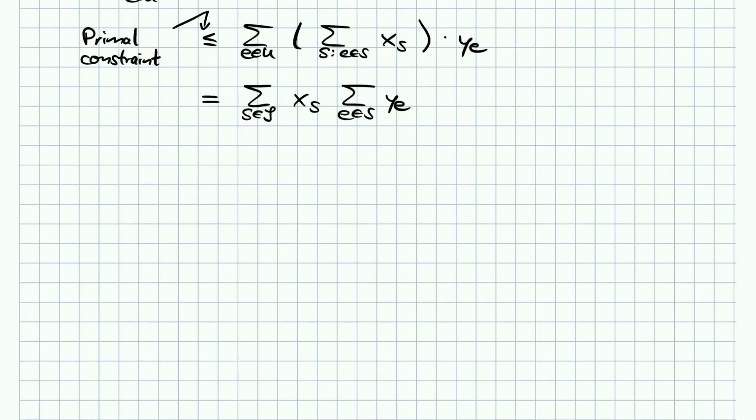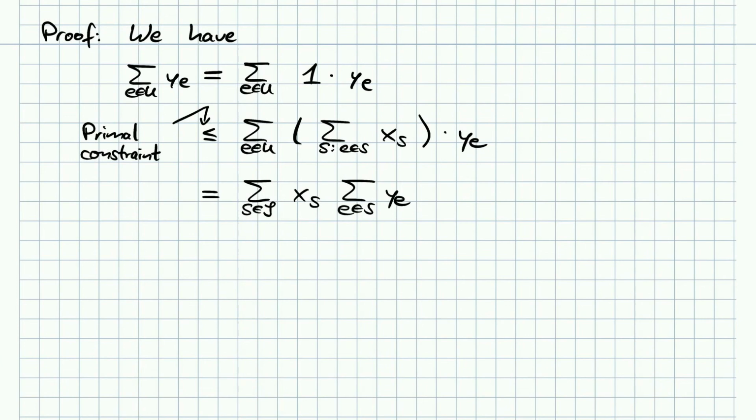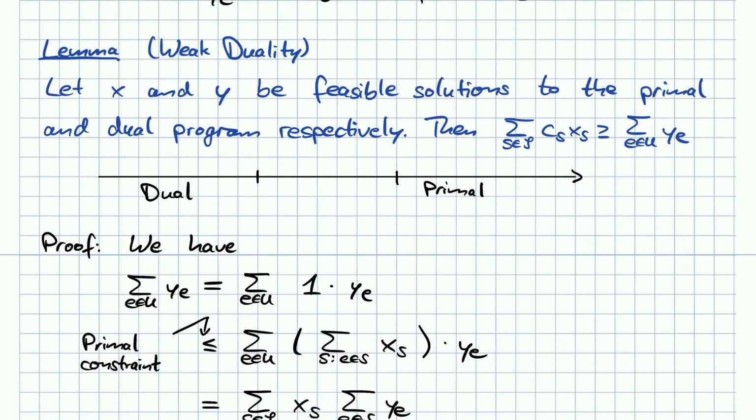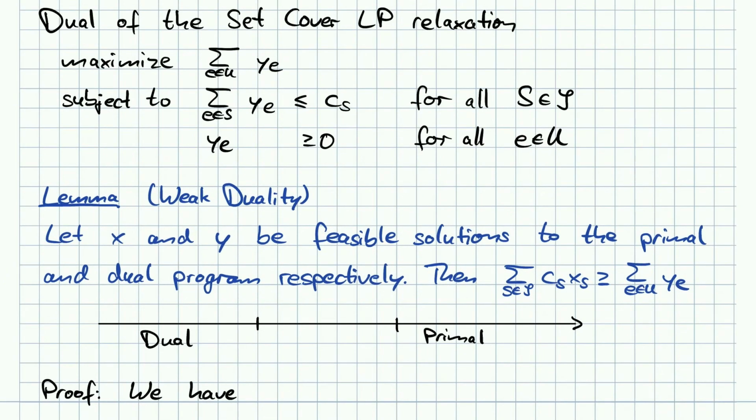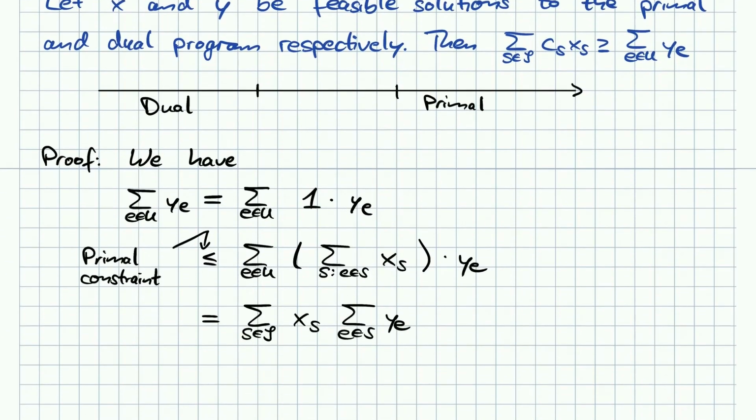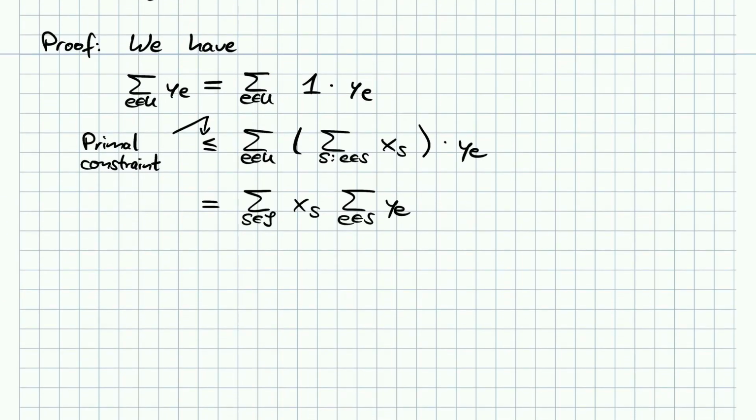Now what do we know about this quantity here? I hope you recall what the dual of the LP looked like. It says this should be no more than c_s. So we can also write this as an upper bound.